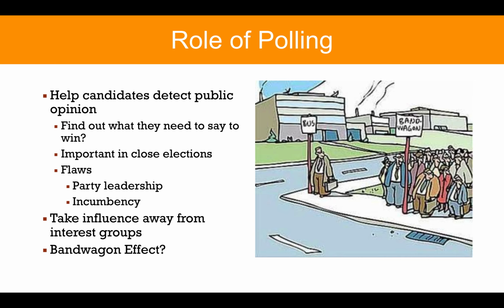She could look at the polling data, and if the polling data says something different, that might dissuade her from listening to the interest groups. A politician's more likely going to want to listen to what the people that vote for them want rather than just what a national interest group is interested in.